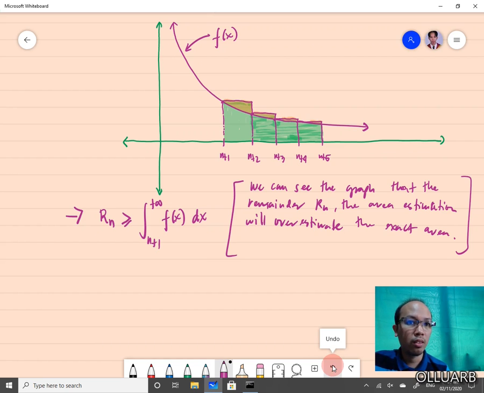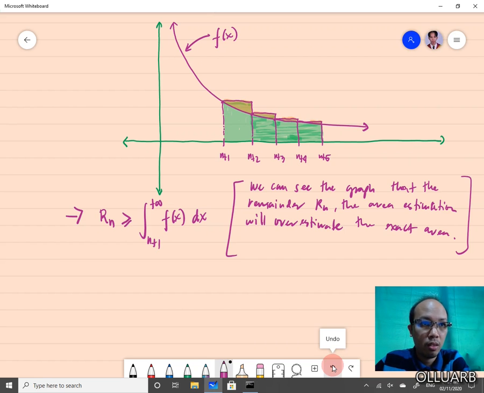Now do the same with the other one. So you start at x is equal to n, and then get the width. Remember that the width is 1. N plus 1 minus n, n plus 2 minus n plus 1 is 1, n plus 3 minus n plus 2 is 1 again.